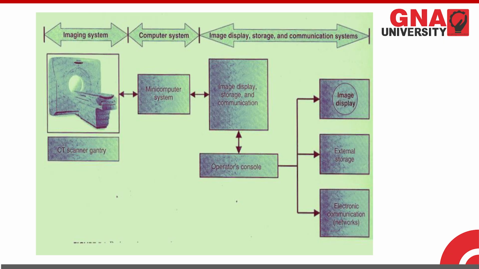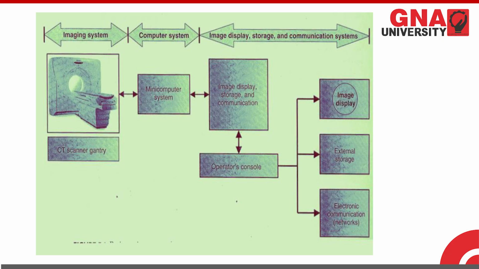Right here, you can see the imaging system, which includes the gantry, the donut shaped structure, followed by the patient table. The next is the computer system. The data from the gantry is processed with the help of mini computers. So that's the second major division of CT instrumentation, known as the computer system.